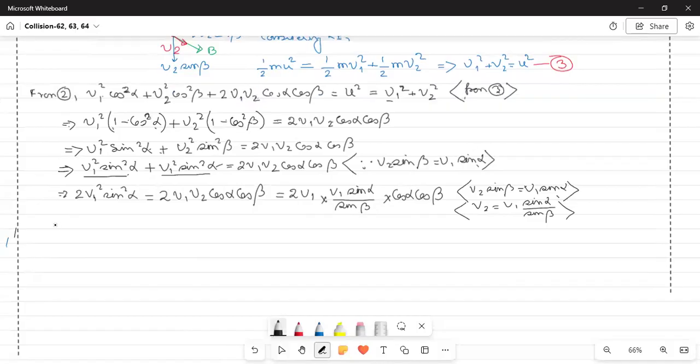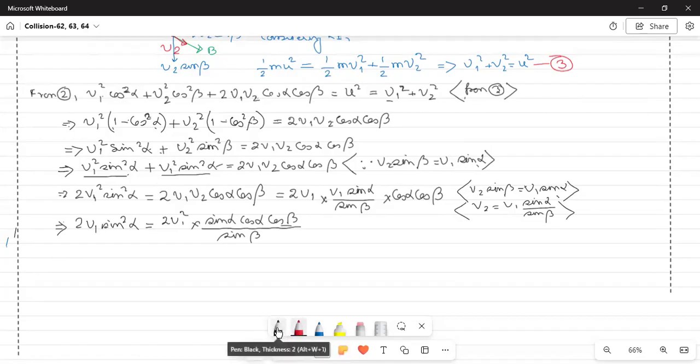So I write once again for clarity the same thing. v1 sin square alpha, this is 2v1 square, that multiplied by sin alpha cos alpha cos beta divided by sin beta.